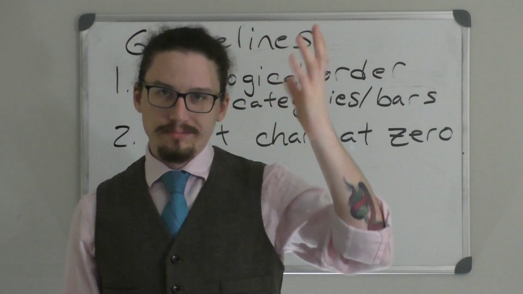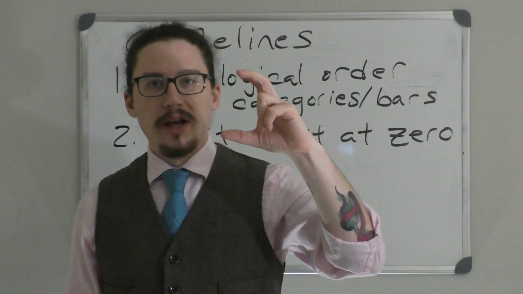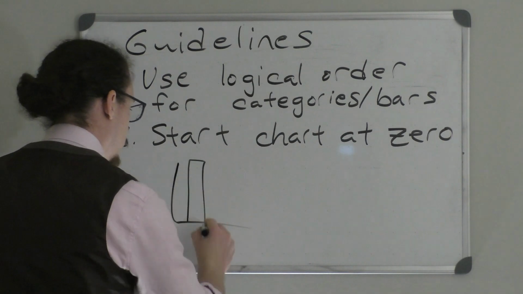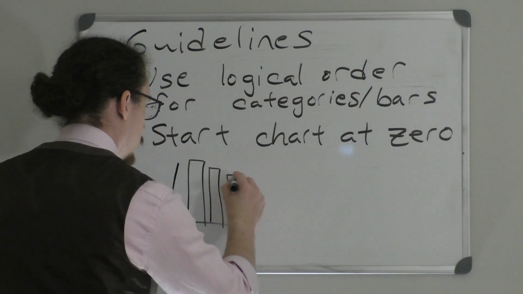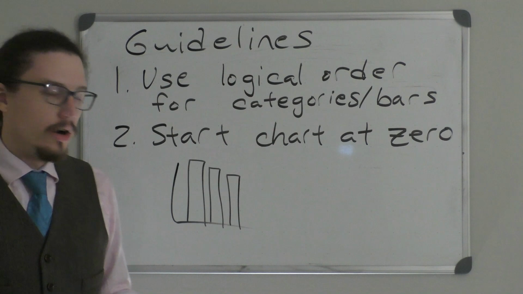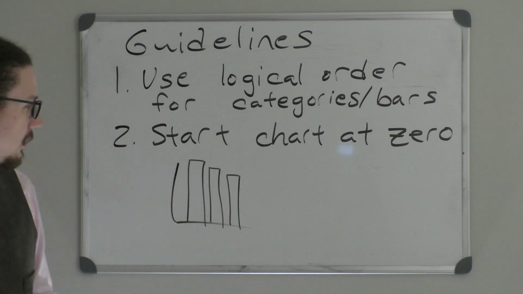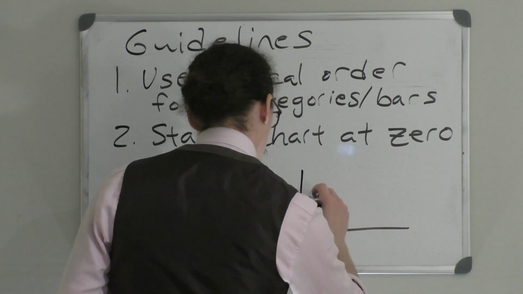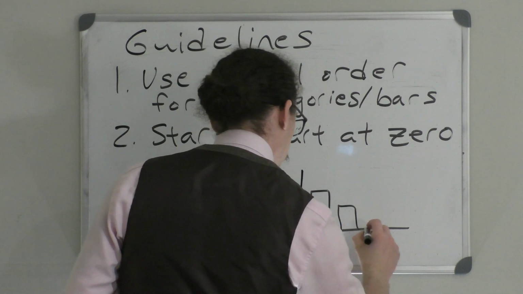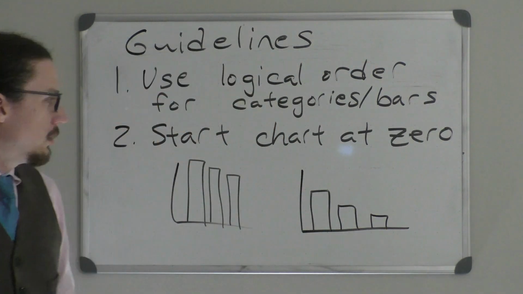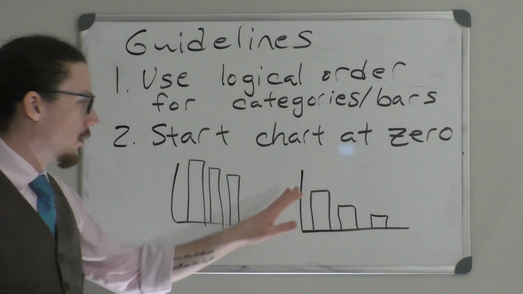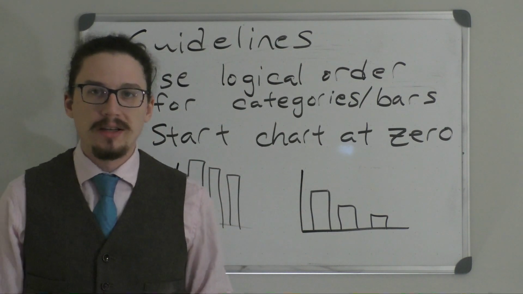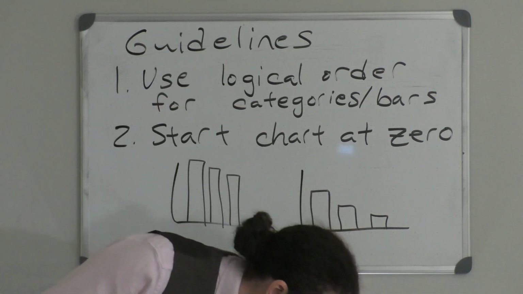If you cut out a huge chunk, you can go from having something that looks like this, where the bars don't seem like they have that much of a difference, to something like this. That's not a great drawing, but if you don't start at 0, you skew the perspective.